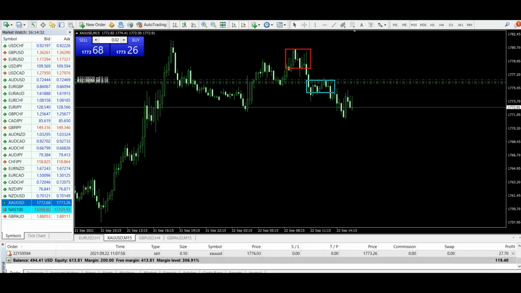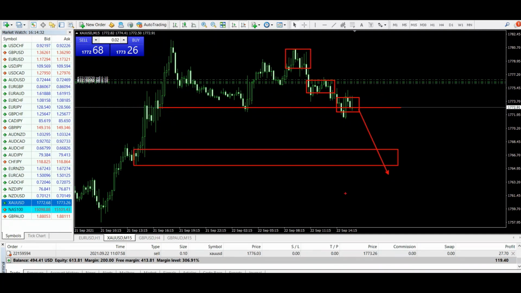Again, it came, broke that structure which it created. Now, what about this structure? Because right now the market is resting at that demand level. As soon as that demand level is broken, the market is going to begin coming down. And my next level that I'll be looking forward to is this one.